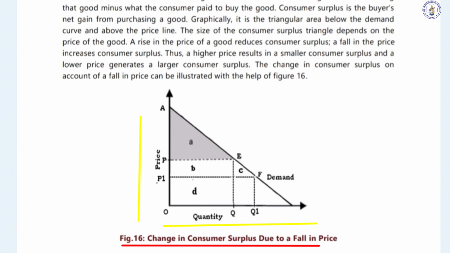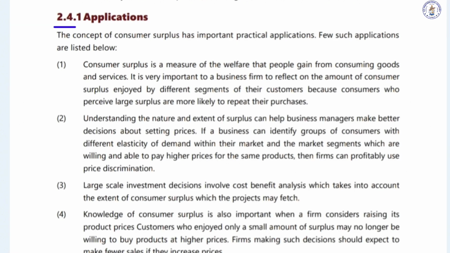The small c refers to the new consumers who have joined the market because of the decrease of the price. The quantity has shifted from Q to Q1; it might be the same consumers plus new consumers. So the consumer surplus of the new buyers who started buying the commodity due to the lower price is shown in the triangle C. Understood? So now we shall move on to the applications.